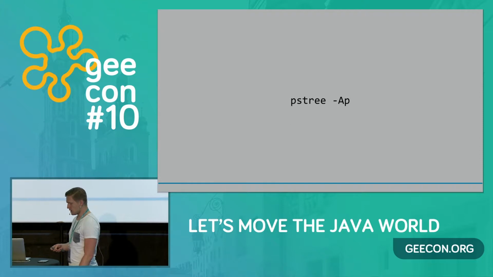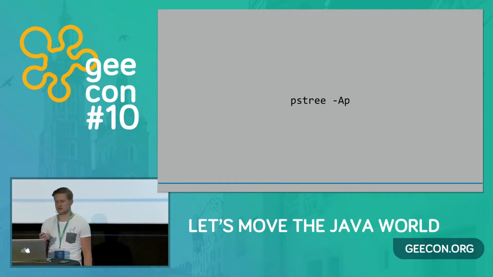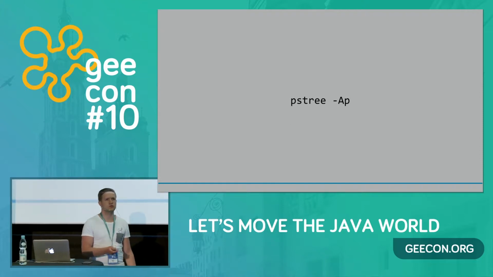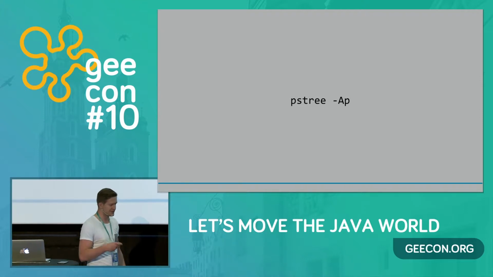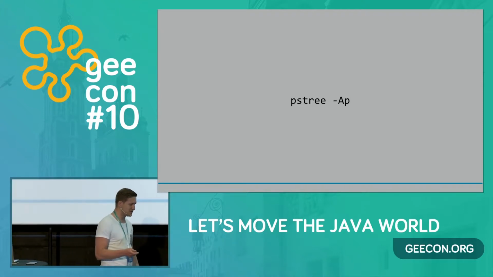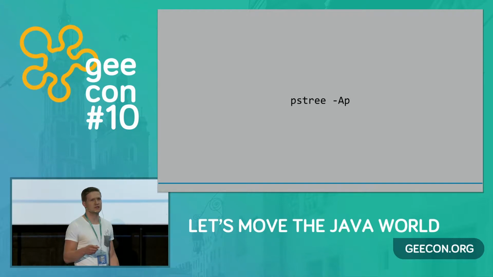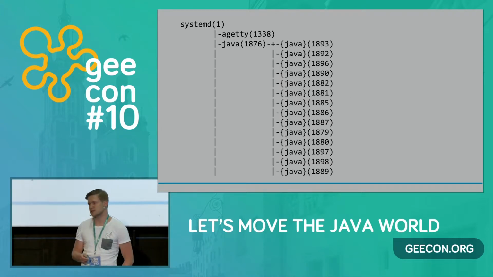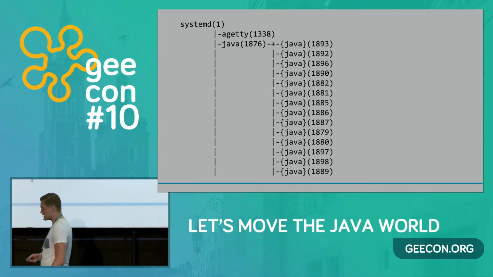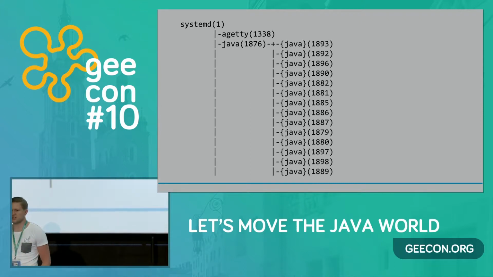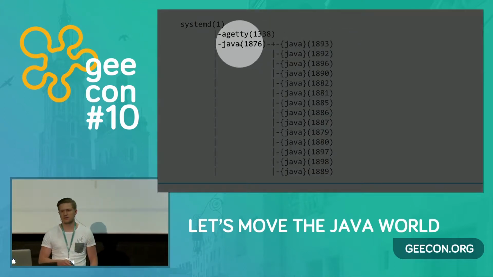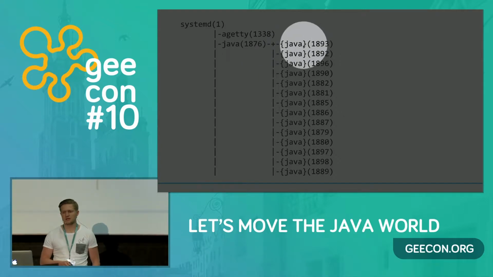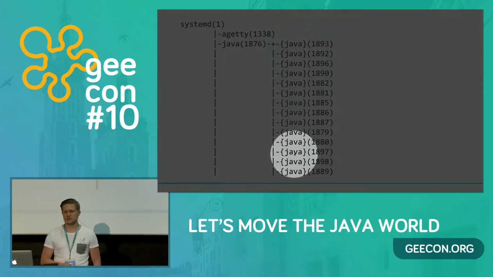I use this command, pstree, to show the process tree, and what I omitted on purpose in previous slides is the next branch of this tree. The next branch shows that my Java process has some other children.